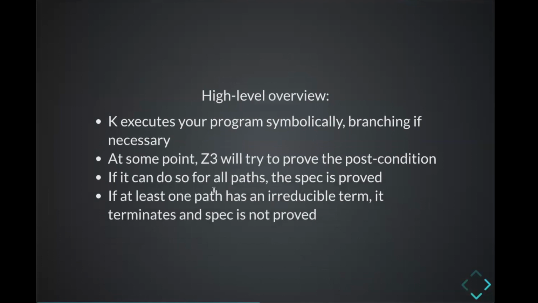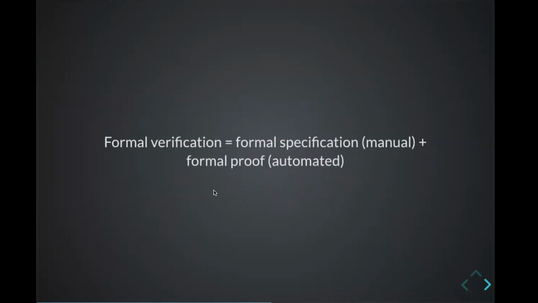If at least one path has an irreducible term, it terminates and the spec is not proved. So essentially, formal verification is formal specification, which is done manually, plus a formal proof, which is automated.